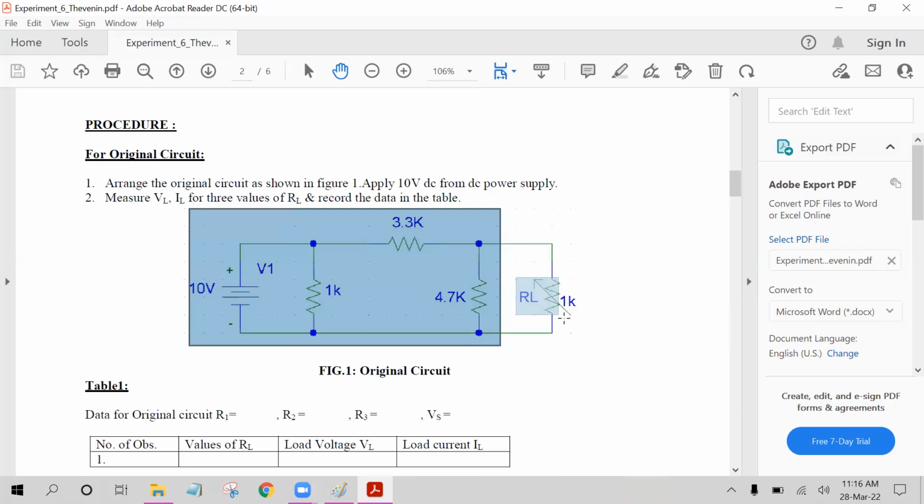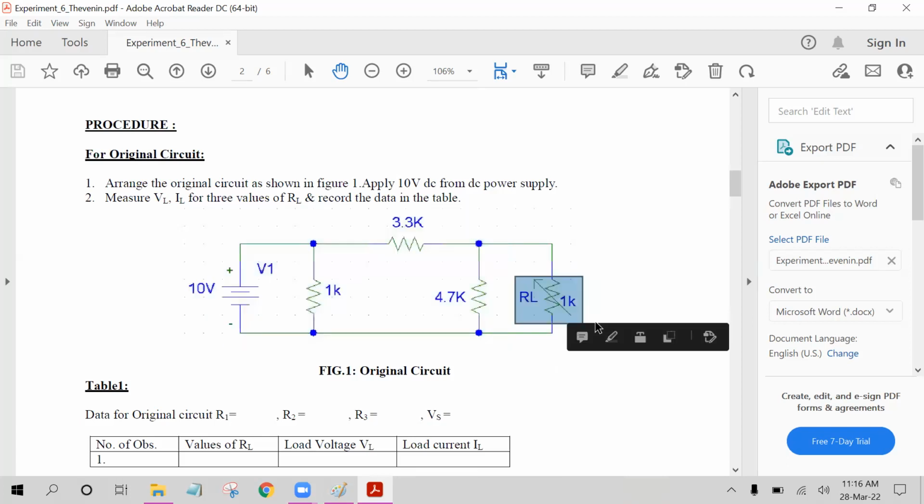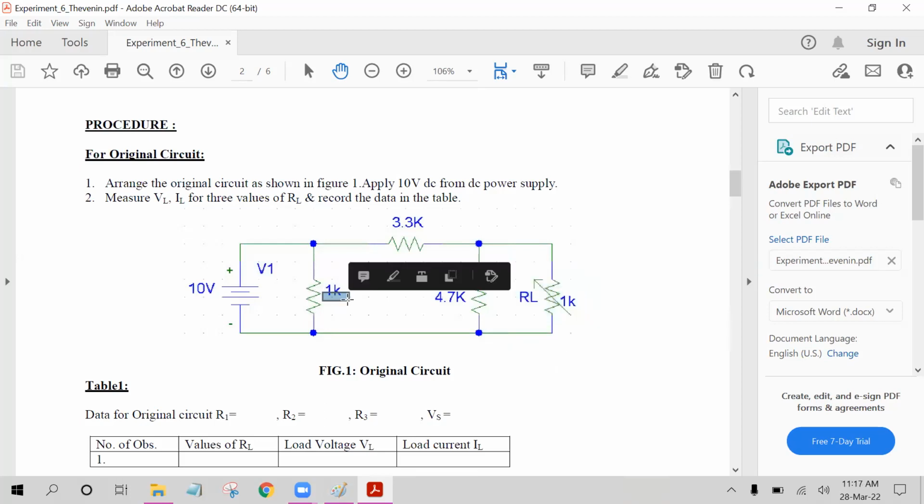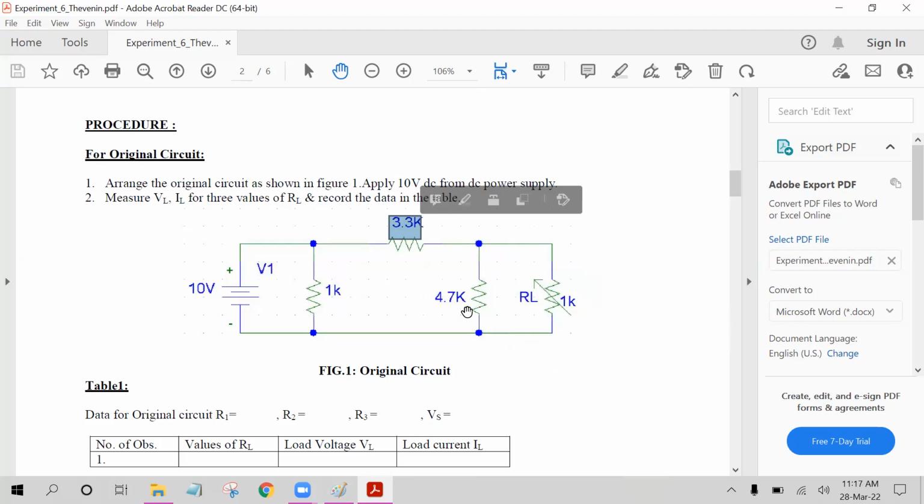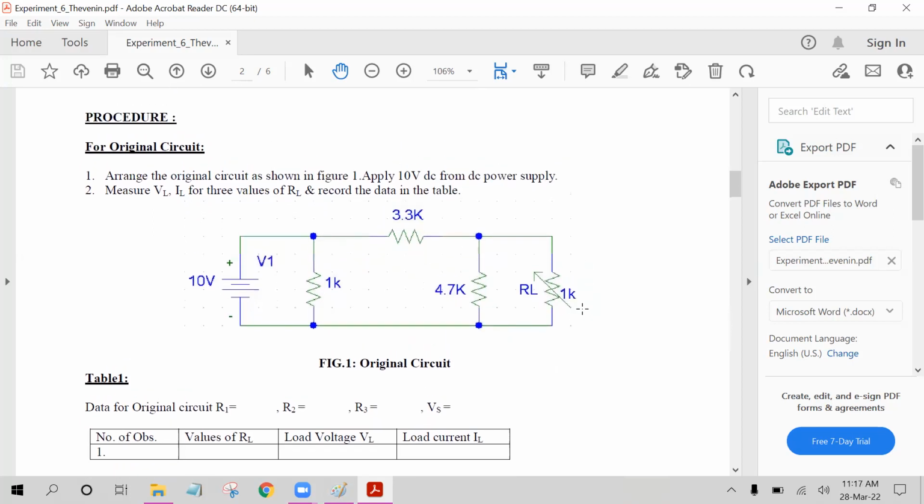So say I ask you to measure the voltage and current across this load resistor for these particular values. Now, when the load resistor changes, you have to calculate those values again, right?